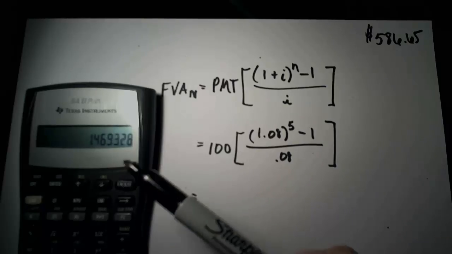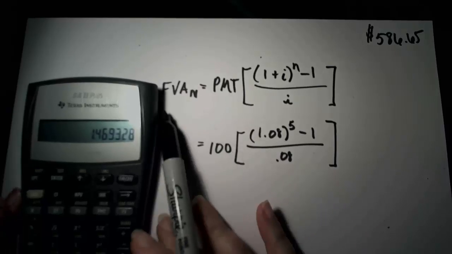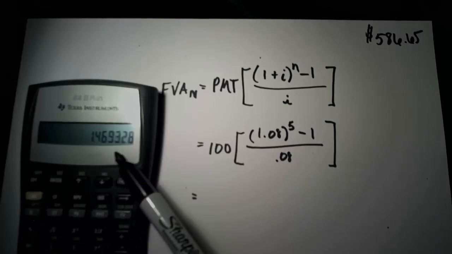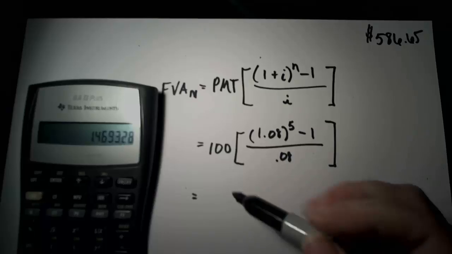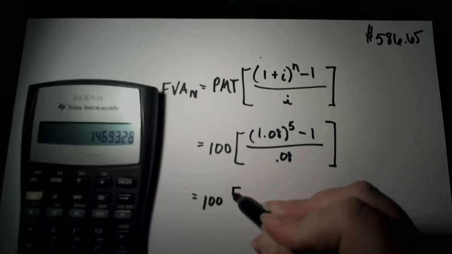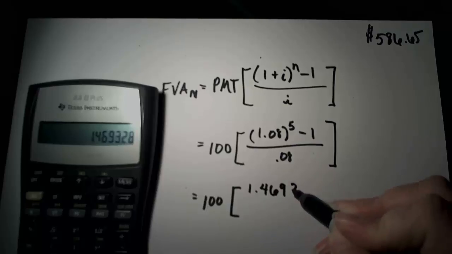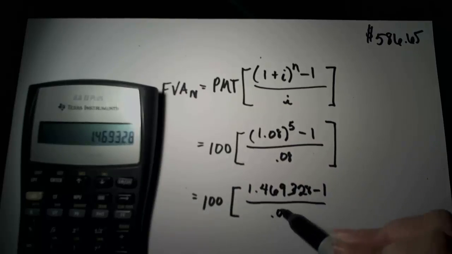Hopefully you can see it in the calculator without too much glare. That gives us 1.469328, and we're going to subtract 1 from that. So we have 1.469328 minus 1, divided by 0.08.